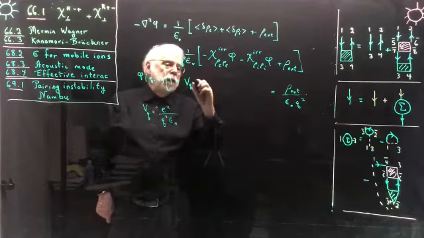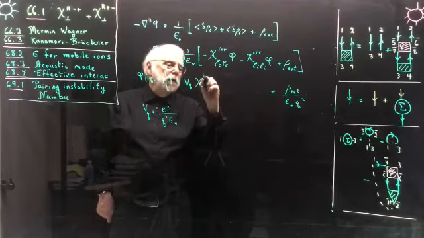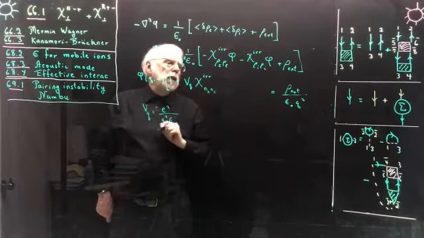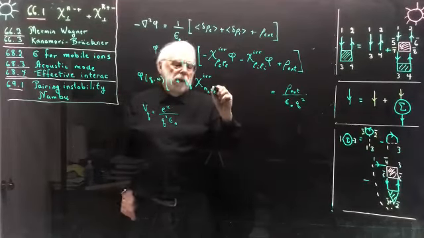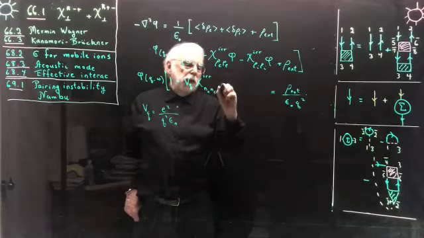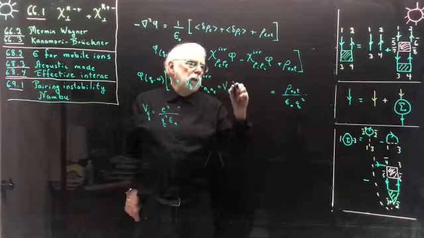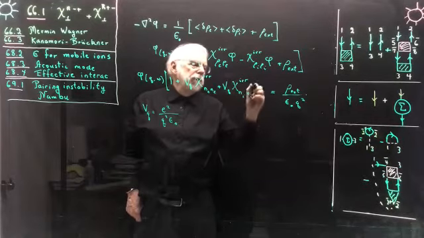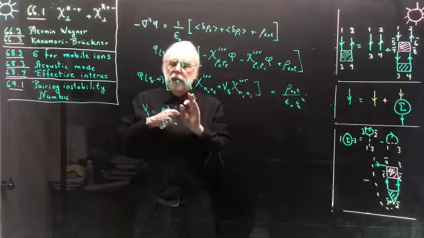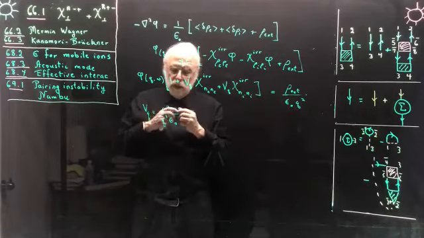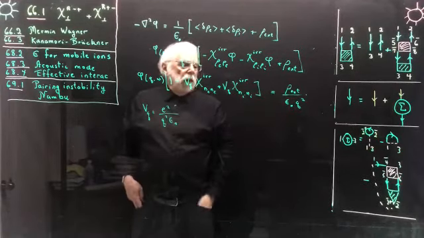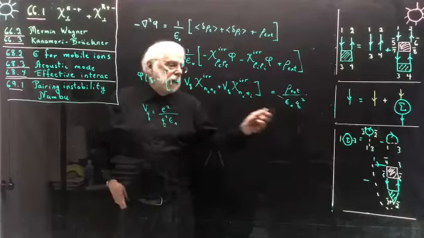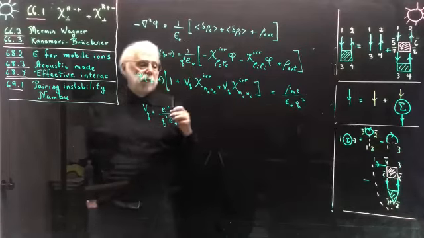So here I get V of q times chi irreducible of electron charge, and here I will do the same. So I get plus V of q chi irreducible of ion and ion. This is equal to this. So now you see, when I put this in the denominator, I have the dielectric constant, basically.